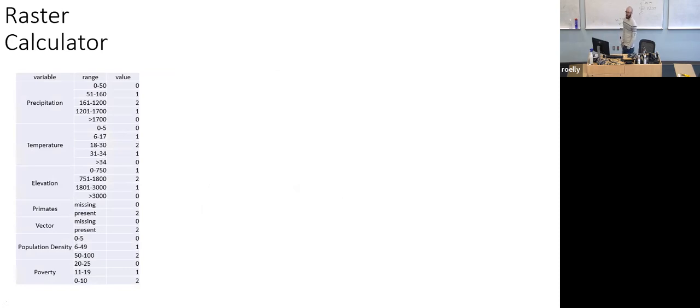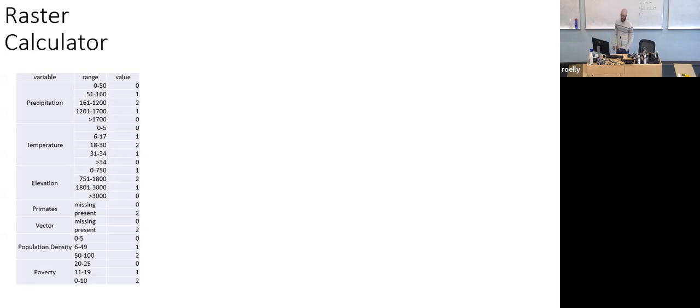So recently I had to create a risk map. What we saw earlier with that red being high, I had to create a risk map of where arbovirus could be an issue in blood transfusion.